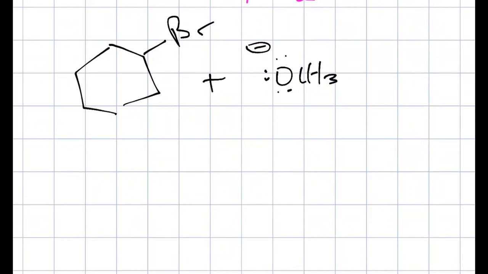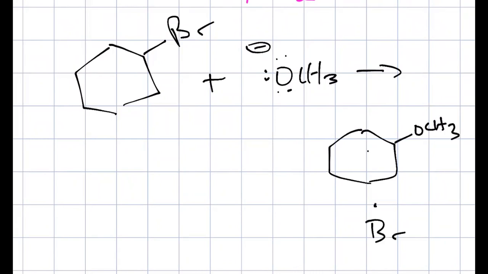When the reaction happens, the bromine is going to get swapped out with OCH3. And when that leaving group leaves as Br minus, where do you think that sodium is going now? To the bromine, NaBr. It's going right here, right? Because it's positive.